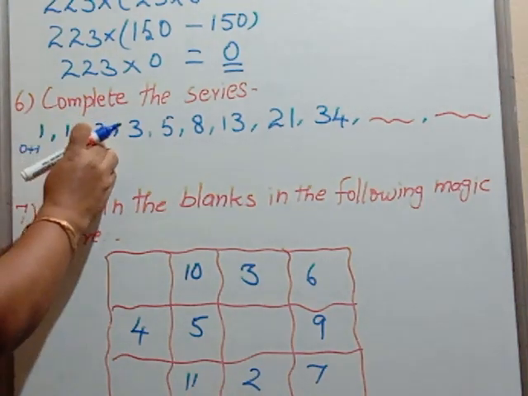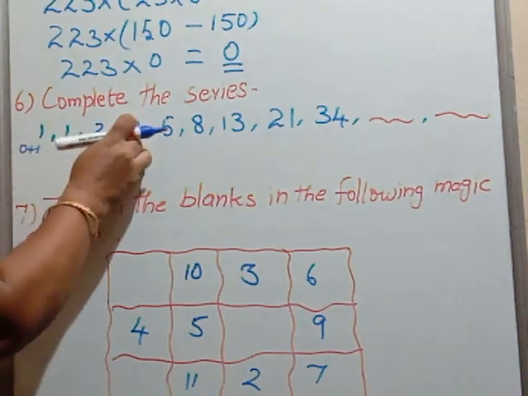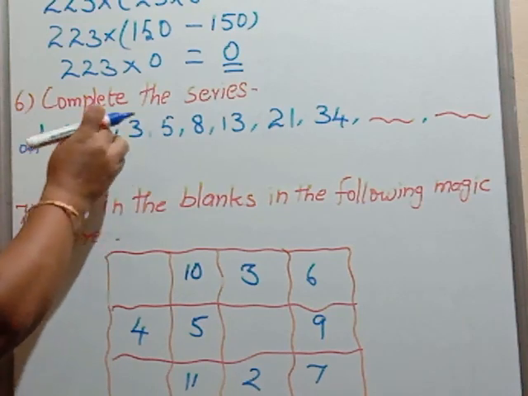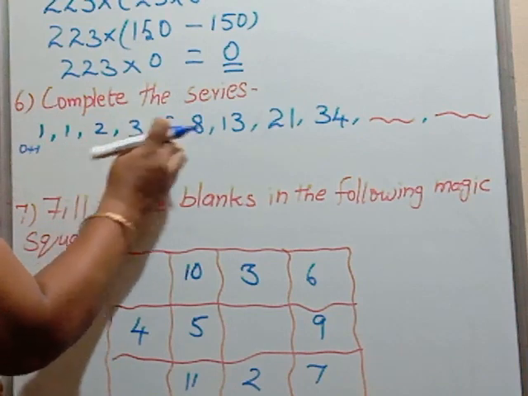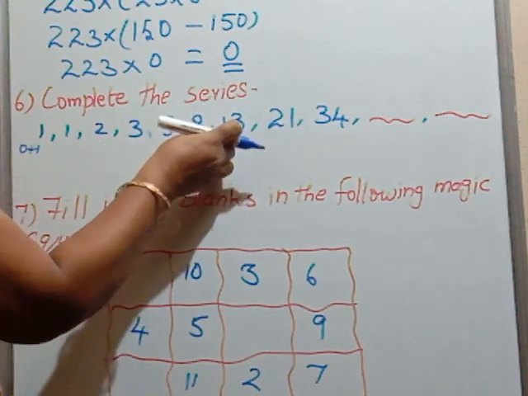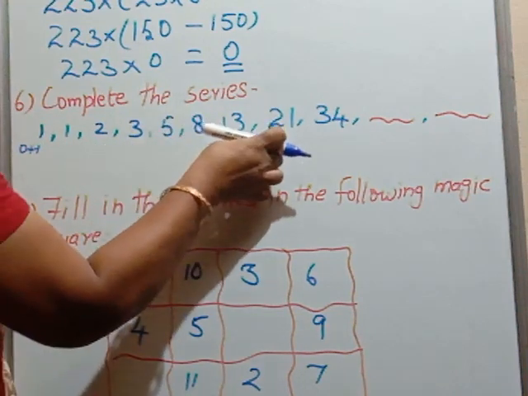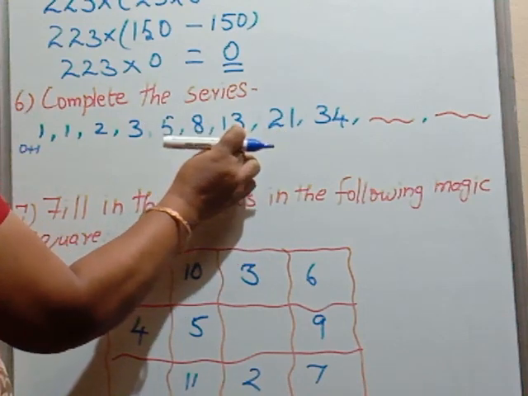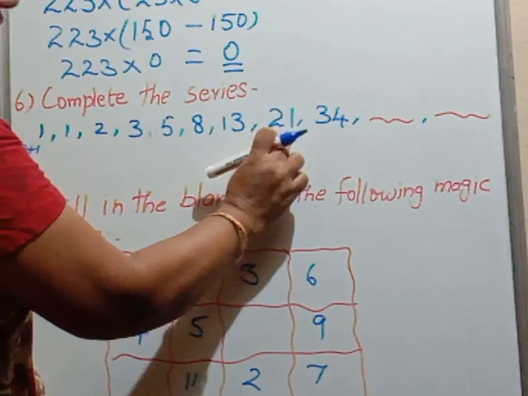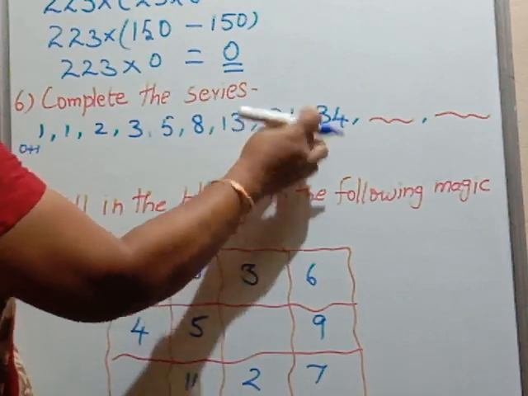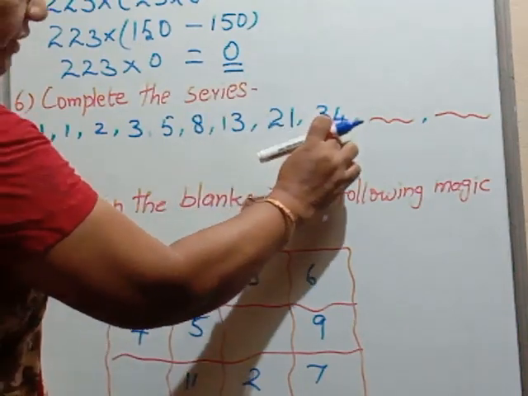1 plus 1, 2. Then 2 plus 1, you'll get 3. Then 3 plus 2, you'll get the next number 5. Then 5 plus 3, you'll get the next number 8. Then 8 plus 5, you'll get 13. Then if you add 13 and 8, you'll get 21. Isn't it? Now 21 plus 13, you'll get 34.